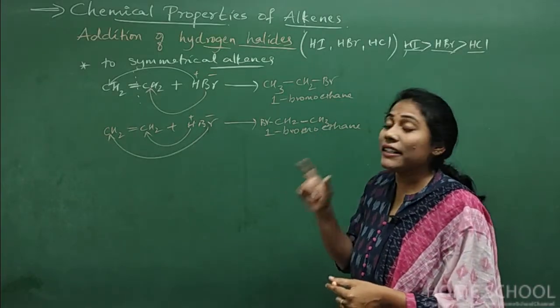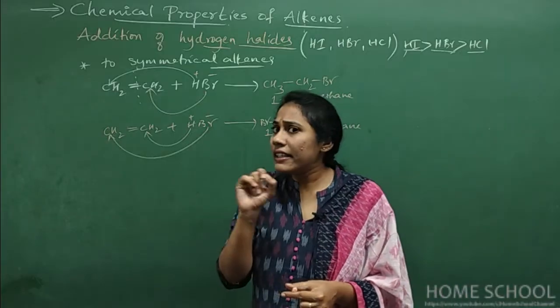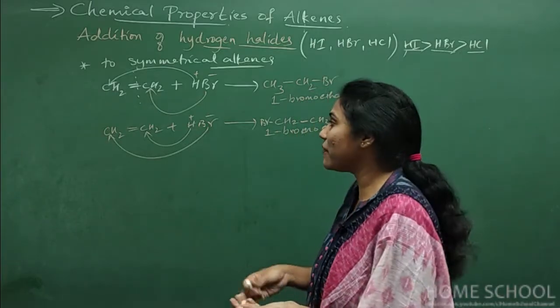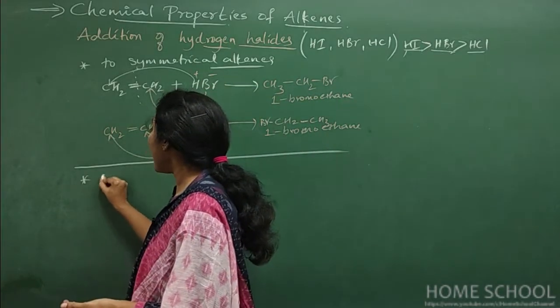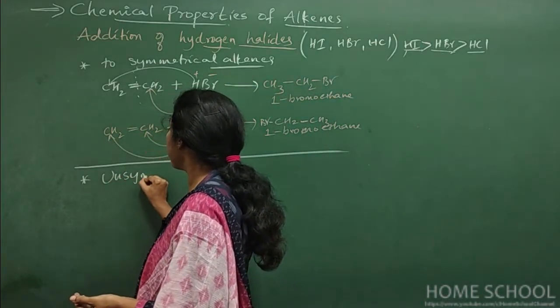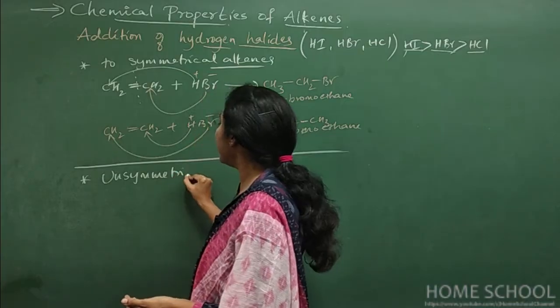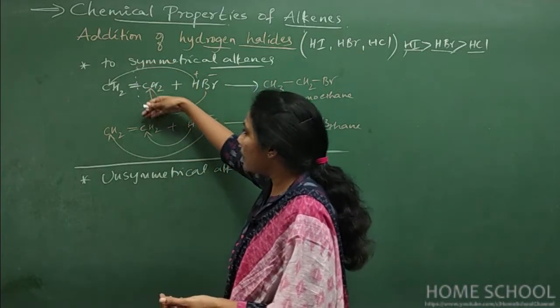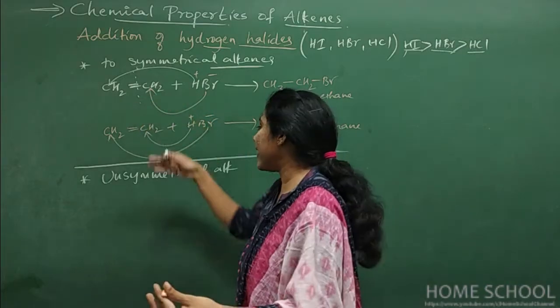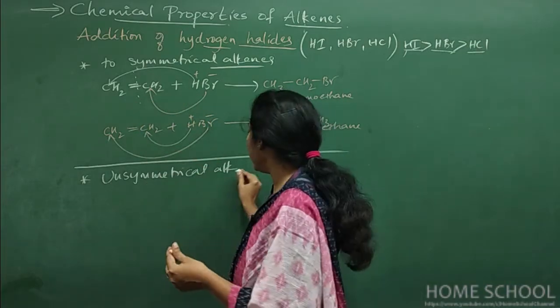But for an unsymmetrical alkene, there is a difference. This is very, very important. Now let me take an unsymmetrical alkene. Unsymmetrical alkene means wherever the double bond is, if I cut there, I will not get two equal parts.